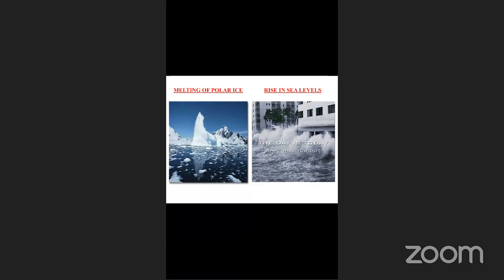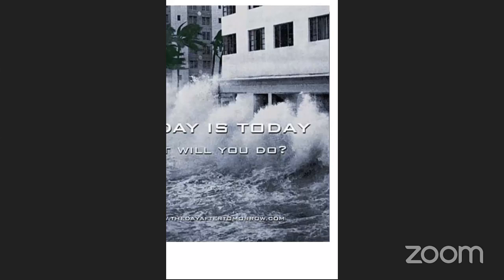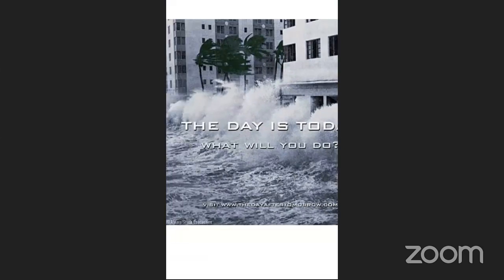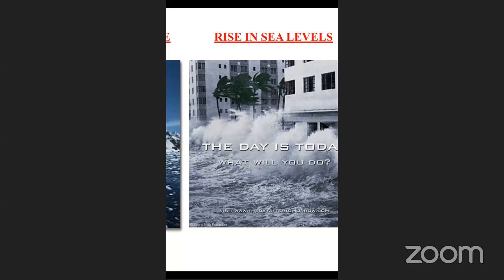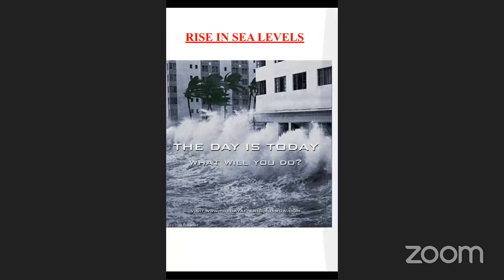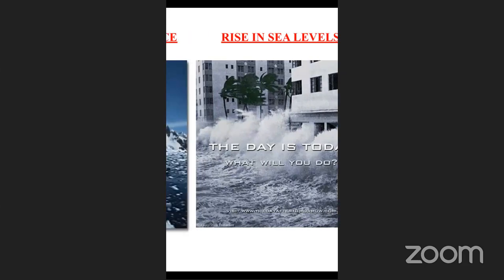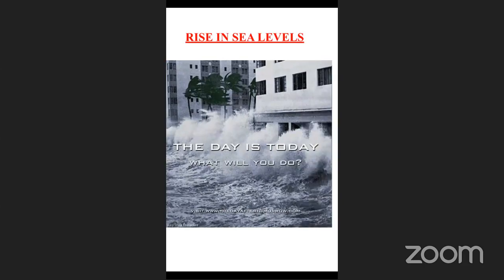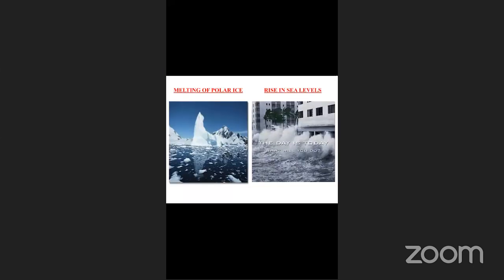The next picture, see here. Flood. Yes, the water level rises and the water comes into the land instead of the sea. A rise in the sea level will take place and the water will come out onto the land. These are the effects that we are going to face in the near future if we are not controlling the pollution.